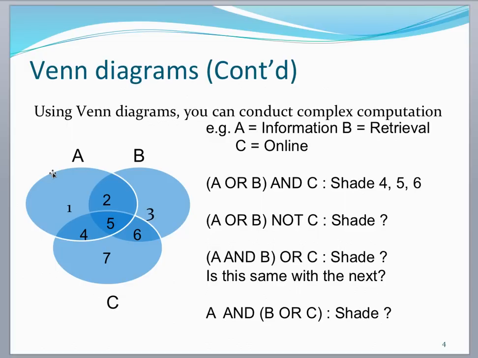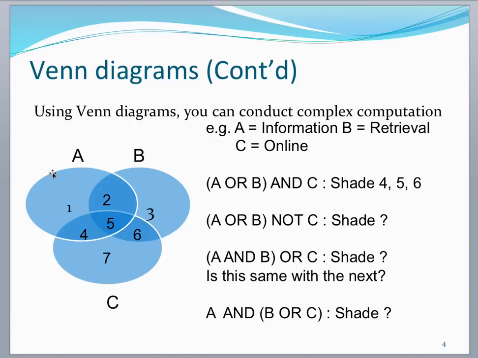Here we have a more complex example on how to combine the Boolean operators in our search. We have 3 terms: A, information; B, retrieval; and C, online. And we are combining them using parentheses.